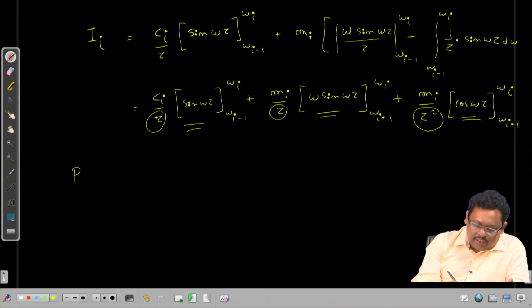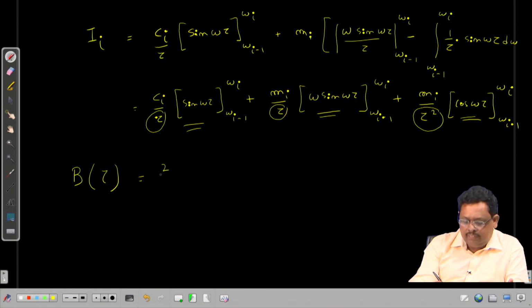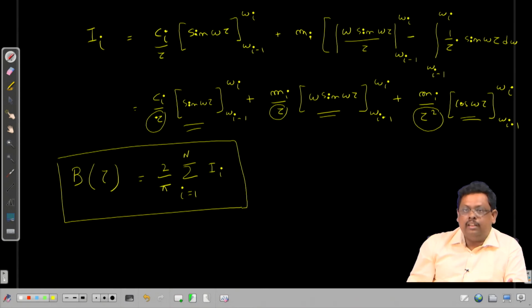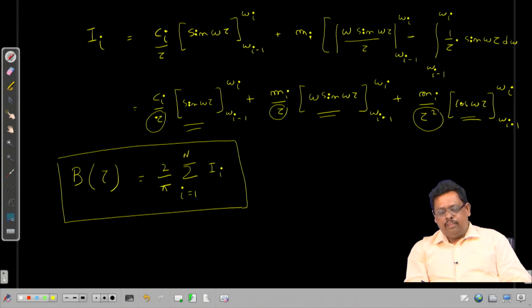So, finally, once I know this term I, then I just perform the integration, and I can get it as 2 by π into the sum of i equal to 1 to n of I. So, this is how I get the solution for β.